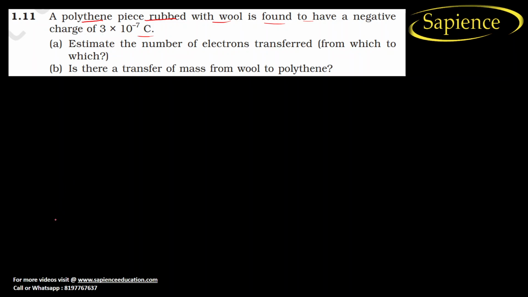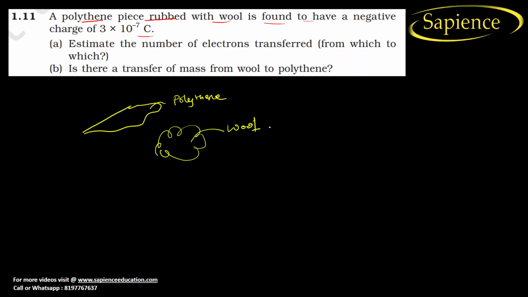Now let us suppose they have told that a polythene piece, let us suppose this is a polythene piece, is rubbed with wool. So this is wool, and wool is found to have a negative charge. So definitely this will acquire a positive charge. As we know, whenever electrons get transferred from any body, it will acquire a positive charge.